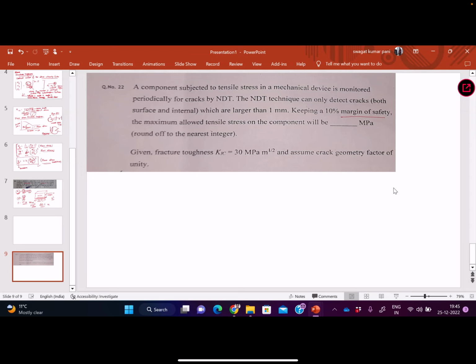Here also it is a pretty simple question. This is given as 30, divided by 3.14 into 1 mm, that means 10 to the minus 3 meters.